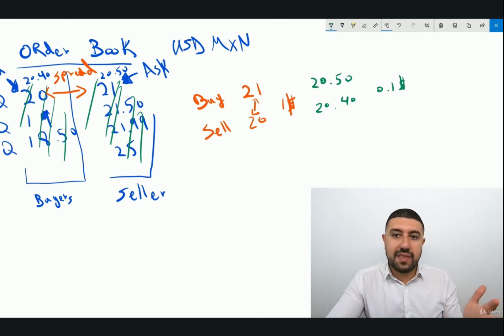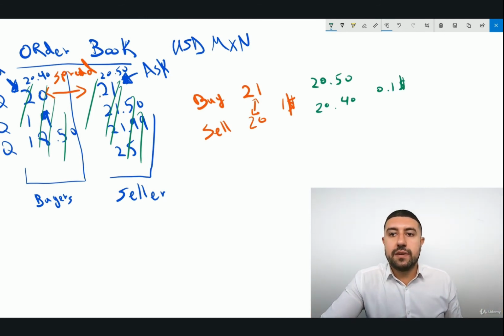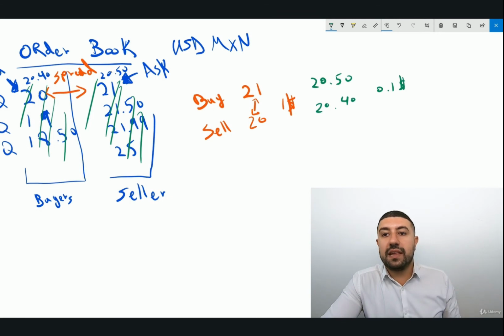Okay, but then they might have a different spread depending on the time and the volatility of the market, because if they can get this currency at, let's say, 20.48, and they'll sell it to you for a higher price, they'll do that.